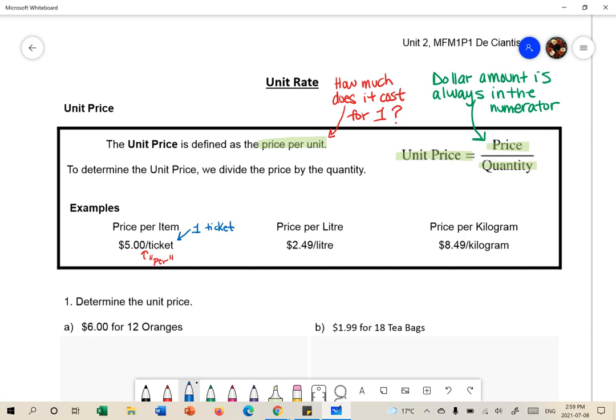$2.49 per liter is another price per unit, or another unit price. So it's $2.49 for 1 liter.